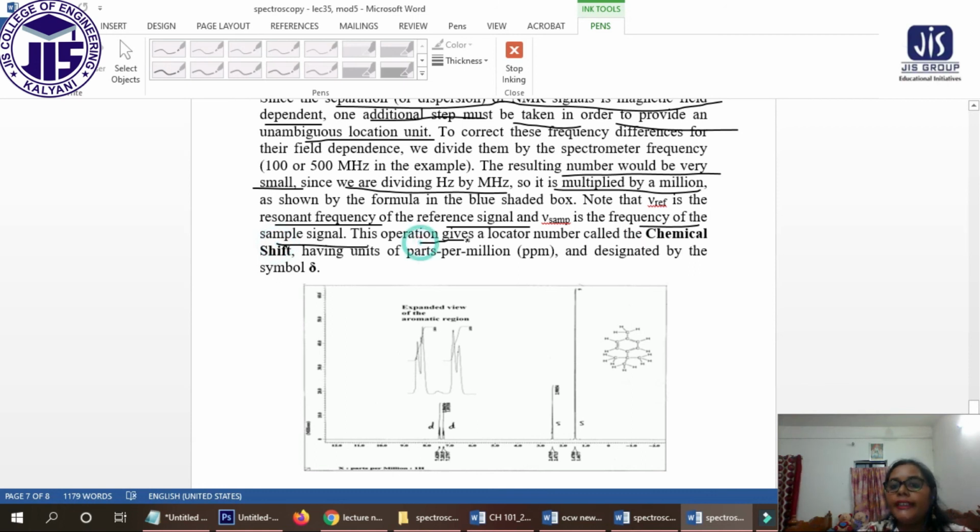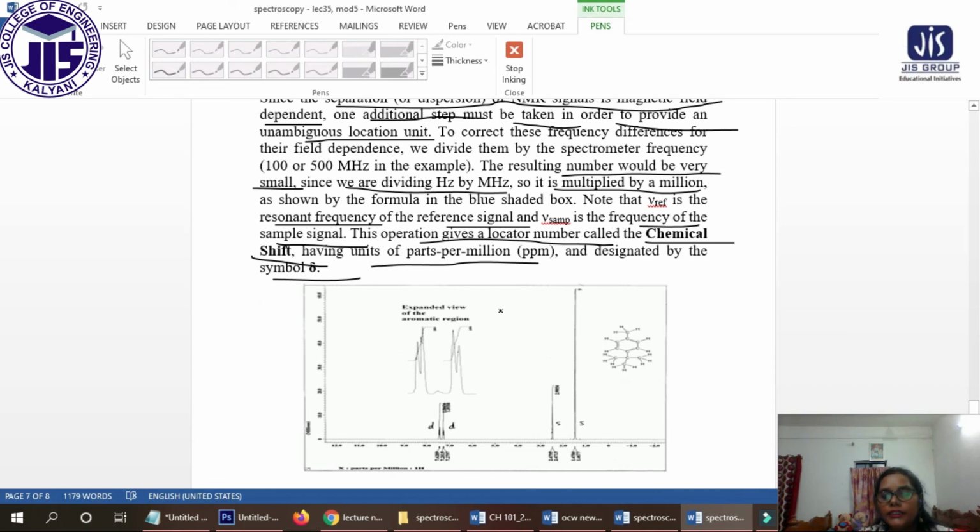This operation gives a locator number called the chemical shift, having units of parts per million, that is ppm, and designated by the symbol delta.